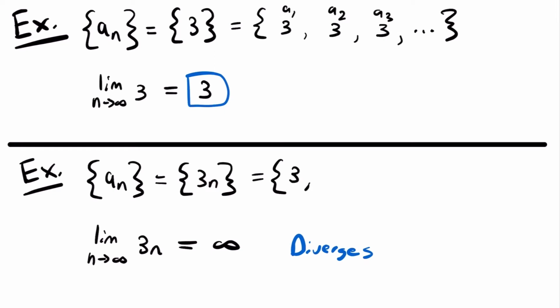Then if n is equal to 2, you would have 2 times 3, and that's equal to 6. Then you would have 3 times 3, which is 9. Then 3 times 4, which is 12. And then you could continue on with more values of n towards infinity. But as you can see, each term is just increasing by 3, and this could continue on forever. So our terms are just getting larger towards infinity and are not converging to a specific value.